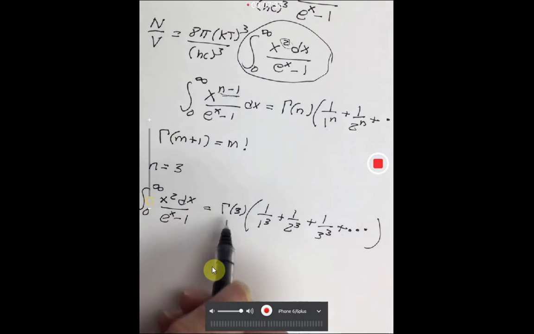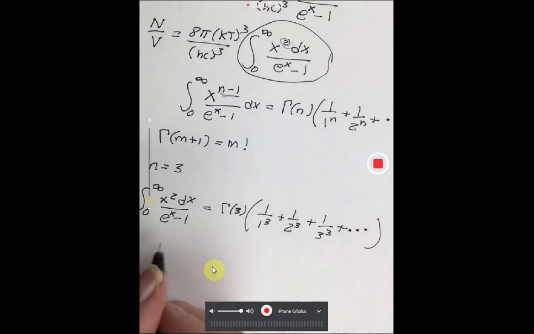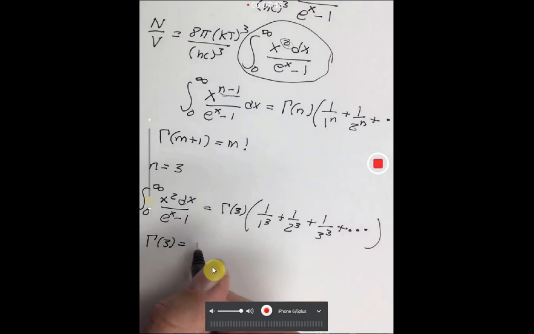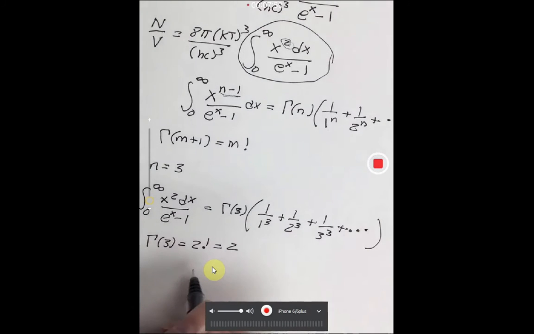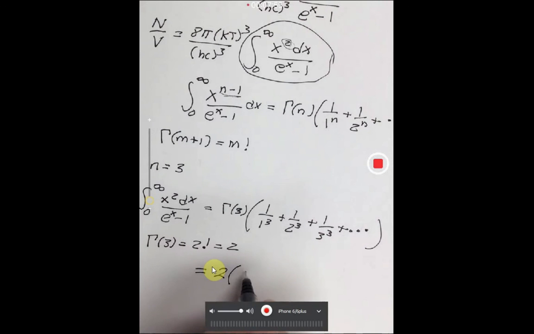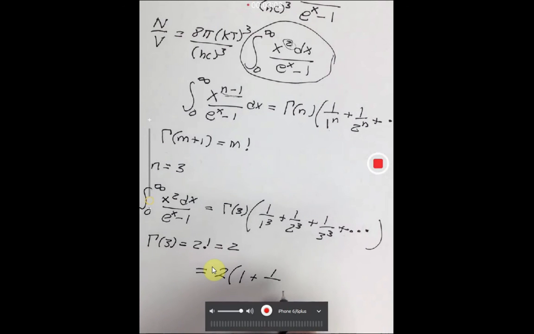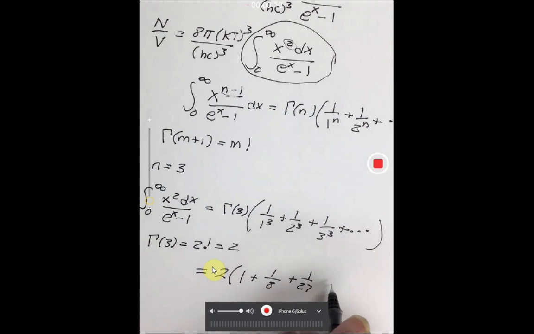Okay, so gamma of n equals 3 is going to be 2 factorial, which is just 2. So my integral is going to be equal to 2 times, 1 over 1 to the third is 1, plus 1 over 2 cubed is 1/8, plus 1 over 3 cubed, that's 1/27, and then we could go on.